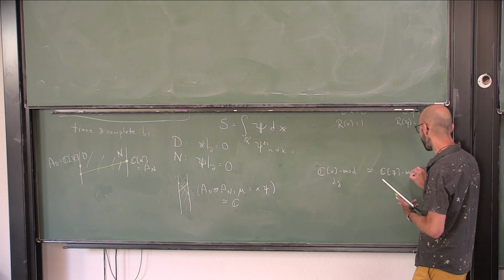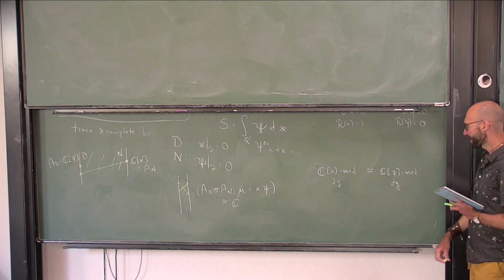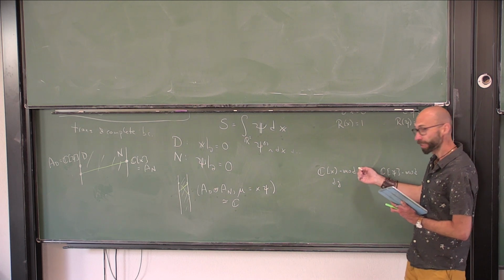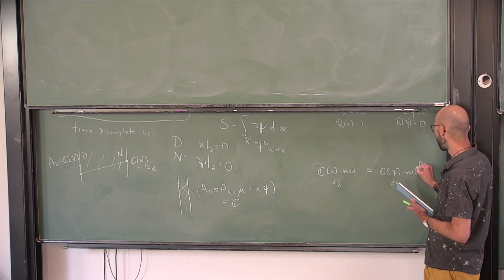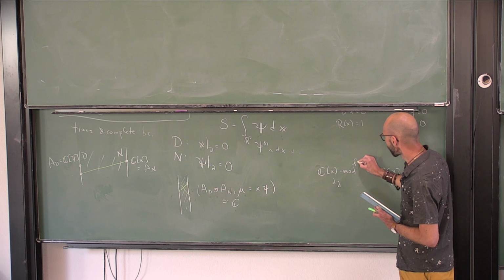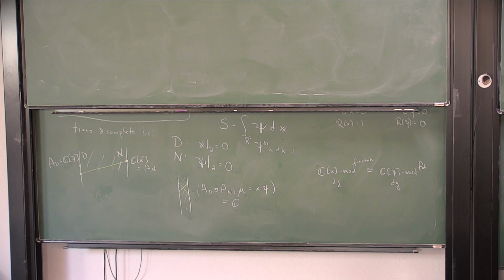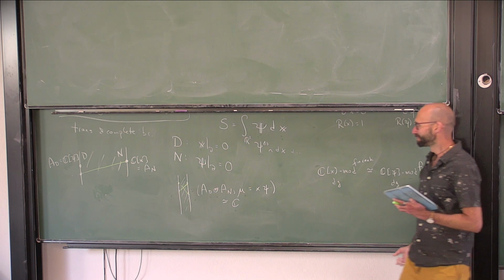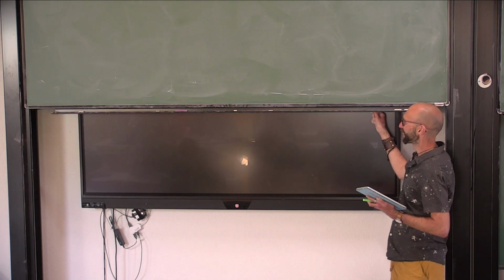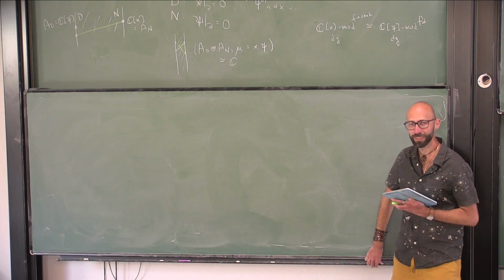And to make sense of this, in fact for the other example as well, you need to be a little careful about what sort of modules you take. One way to do that is to take finite dimensional modules on the fermion side and finite rank on the boson side. There are other choices. Okay. Working through this, if you have never seen it before, is a really nice exercise.